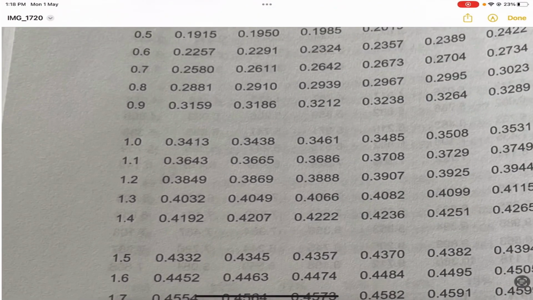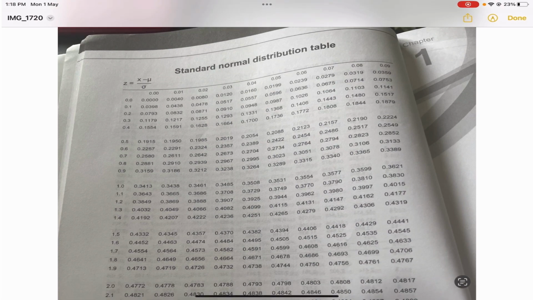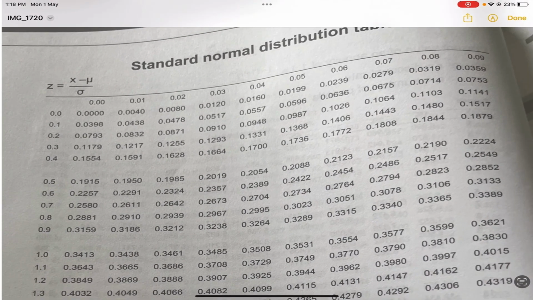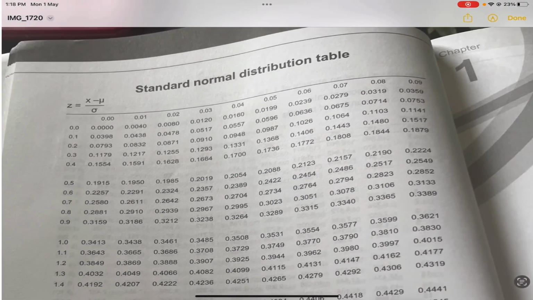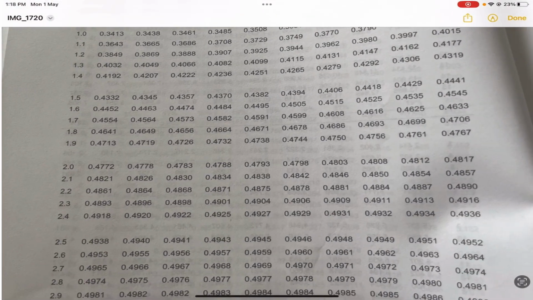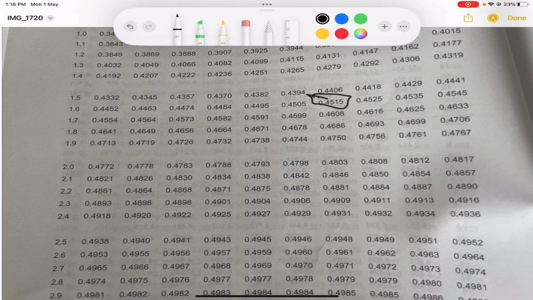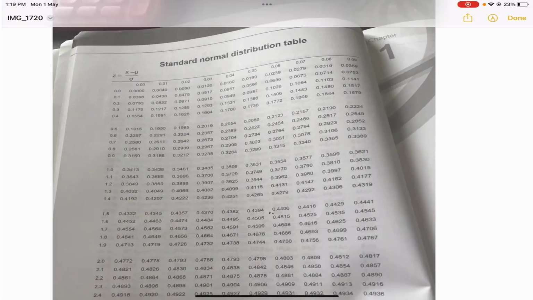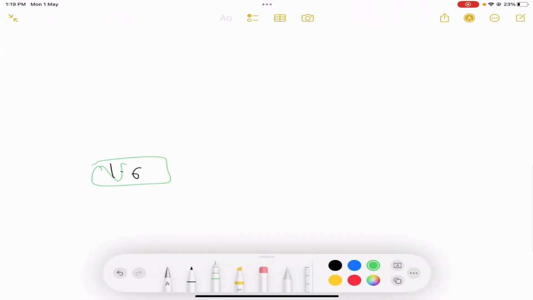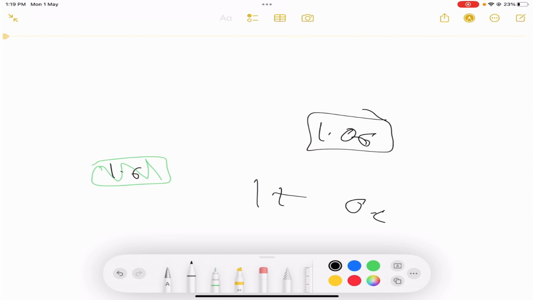Now if I want to find the value of, let's say, 1.06, that would be 1.0 plus 0.06.